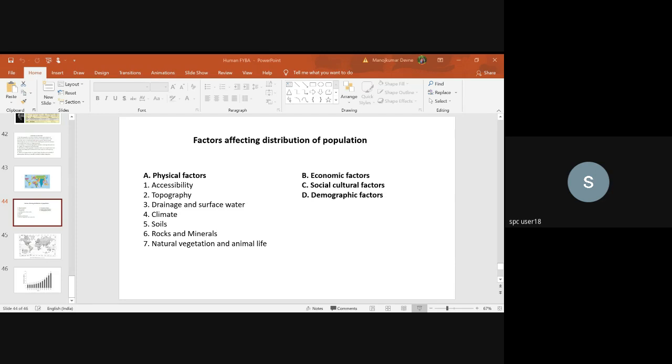Otherwise, if you take the area and generalize the distribution of population on the surface, I wouldn't say you would get a distorted picture, but it would not help you in the absolute understanding of distribution of population.